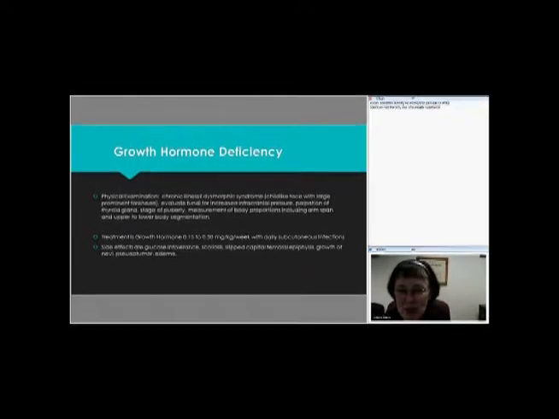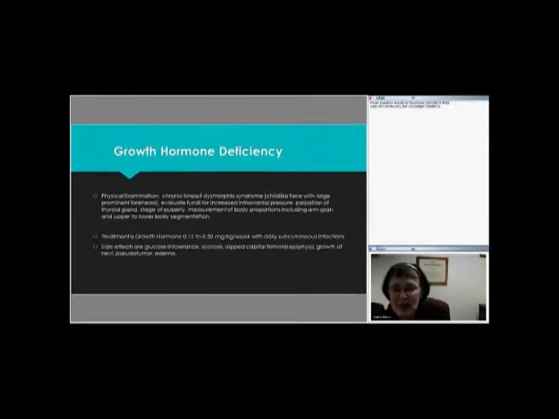Treatment: growth hormone is the treatment, at 0.15 to 0.30 milligrams per kilogram a week, and that's done with daily subcutaneous injections.